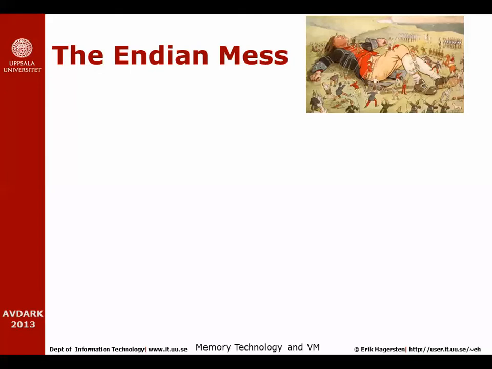And so this war was between the big endians and the little endians. In the computer world, we also have two kinds of machines, and it's almost the same kind of silly war going on as in the book about Gulliver. And the war is about how you number bytes.